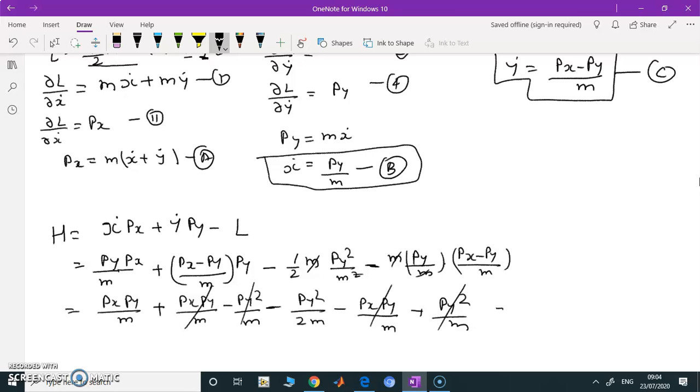So what you are getting is px py by m minus this term py square by 2m. So your H is equal to px py by m minus py square by 2m. This is your Hamiltonian.